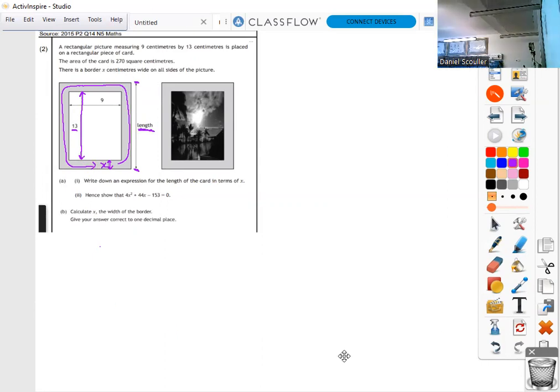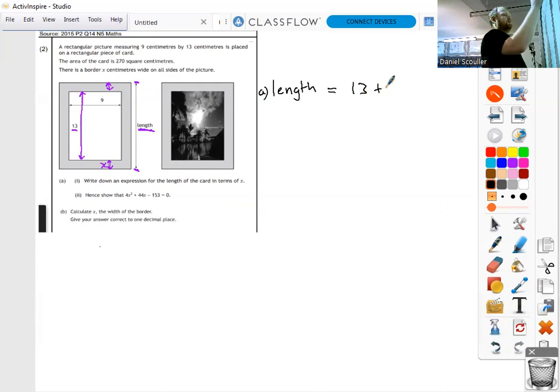So you must have an X here as well. So the length is equal to 13 plus X plus X, or 13 plus 2X.